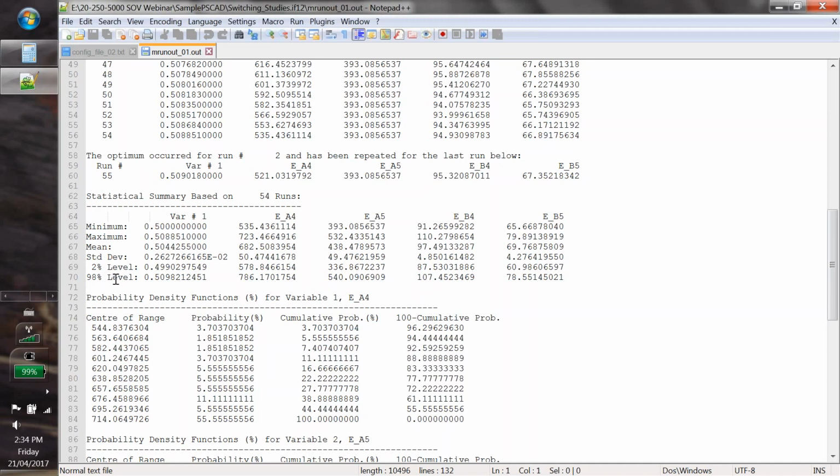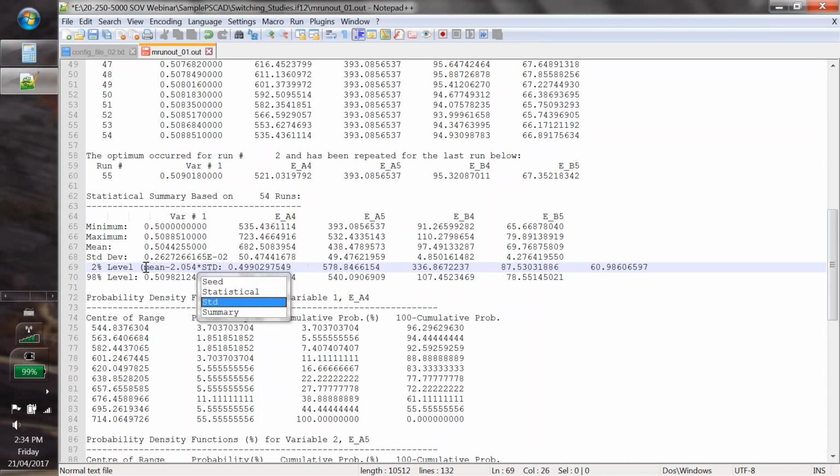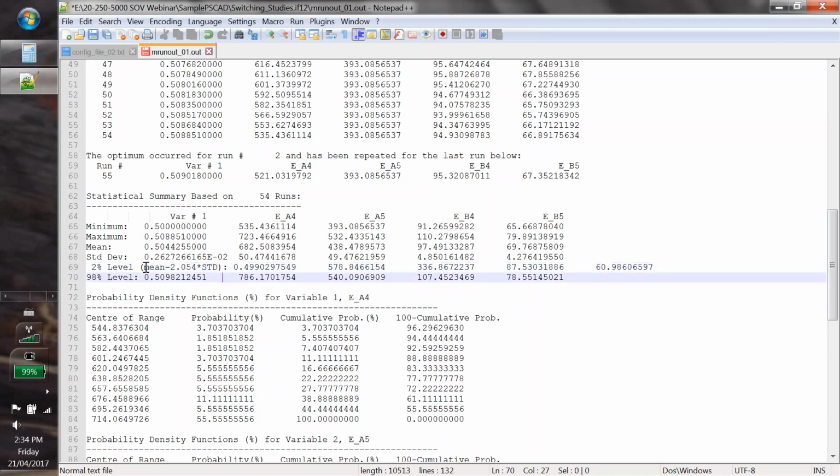And the 98% level is mean plus 2.054 times standard deviation.